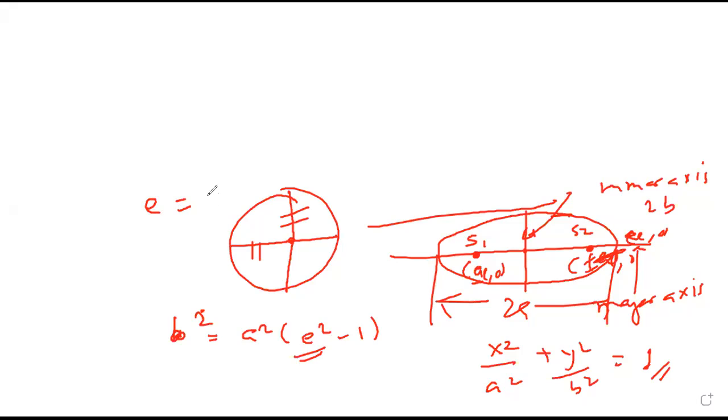This is the ratio of SP, the distance from focus up to any point on the ellipse, and the perpendicular distance from a fixed line. This is called directrix. So SP upon PM.